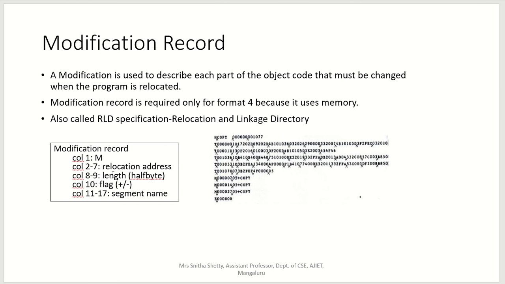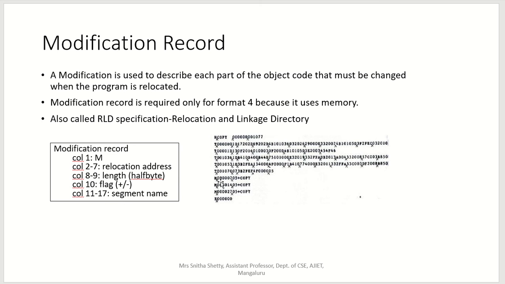Then column 8 to 9 is the length, and column 10 is the flag, plus or minus. Column 11 to 17 is the segment name. So this is the modification record syntax.